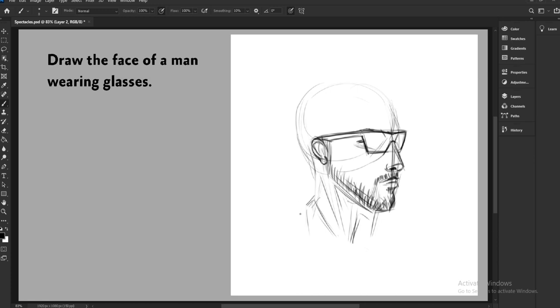And slight indication of the cloth which goes around this, and then we will give hair.